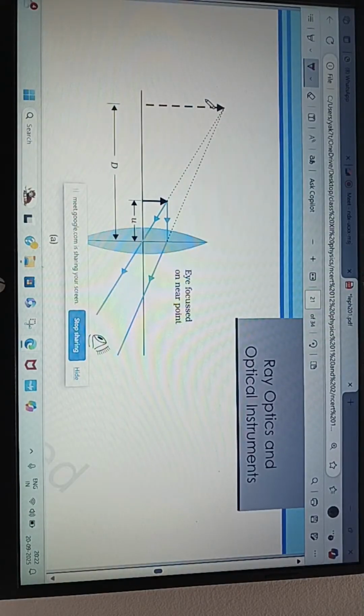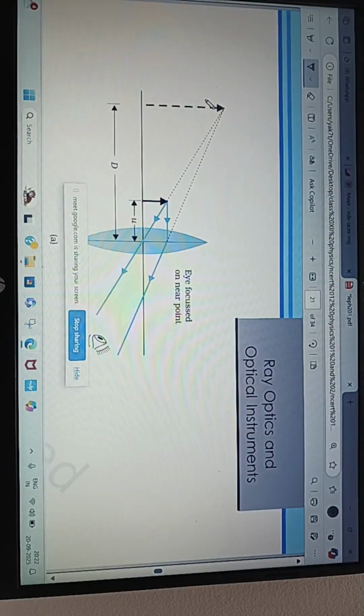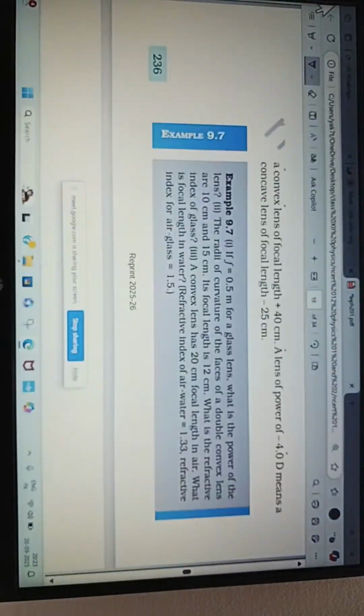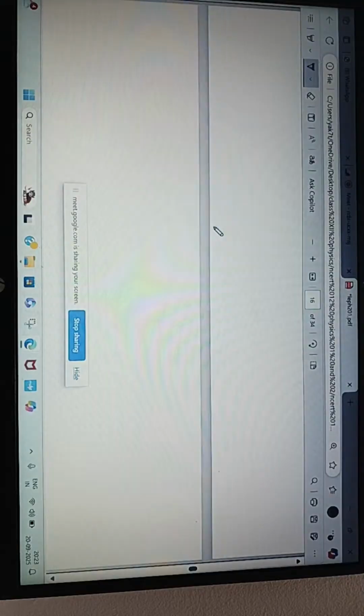At infinity. If it is close to the lens, where is the image formed? Between F and 2F. Between F and 2F is different, man. F and 2F is beyond F you are talking. You forgot this ray diagram. That's why practice is required. Without practice, you can't learn physics.